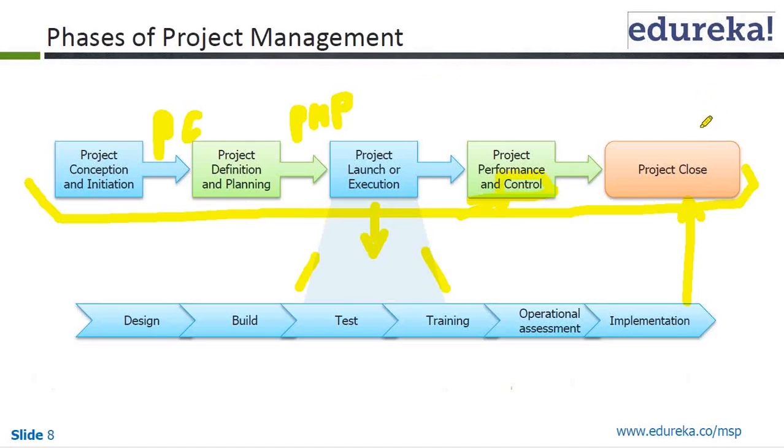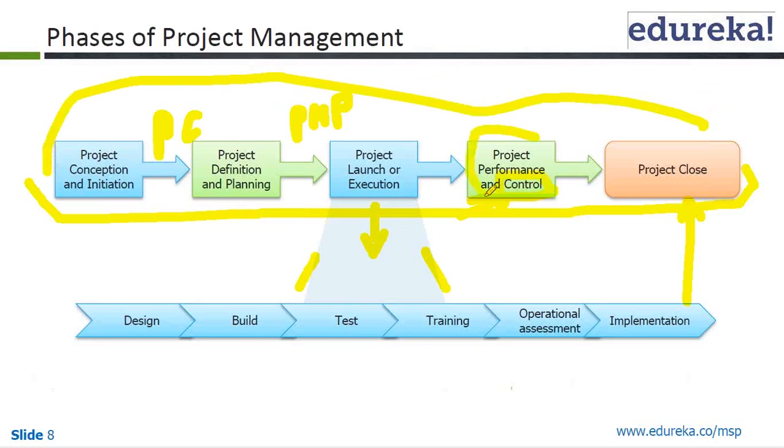So monitoring and controlling is happening all throughout the project, encompassing all the four phases as we are saying here, but actually it's a loose term I'm saying. If you are coming from a PMP background, I believe you will understand what I'm saying. Essentially it is called the Project Management Process Group.